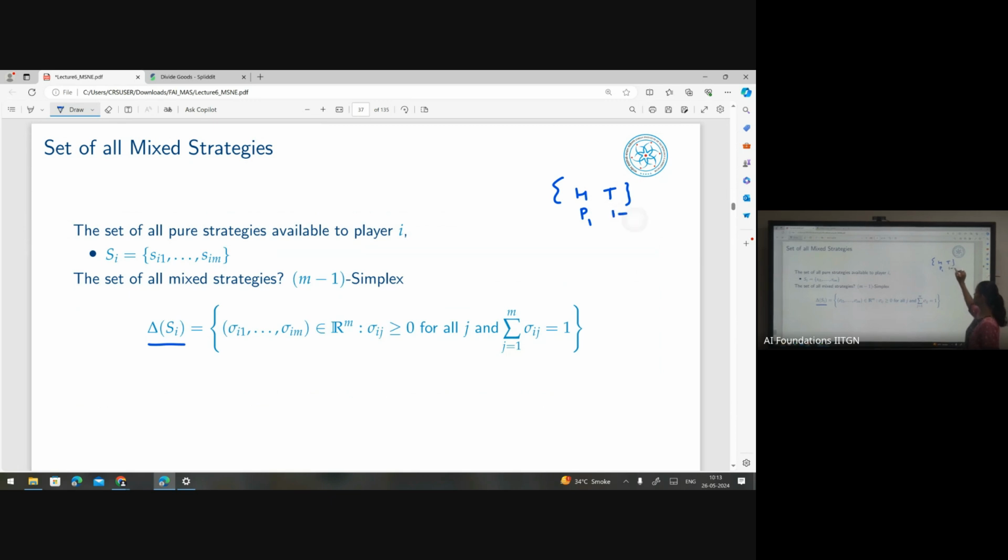So what is the set of all possible mixed strategies? It's essentially any value of p it picks, from the interval 0 to 1. For every value it picks from this interval, there is one mixed strategy. So when there are only two strategies, it is sampling from a one-dimensional simplex, which is nothing but a line segment.